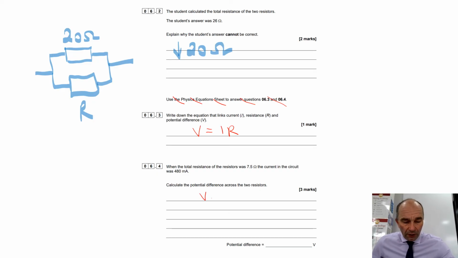So we've got V equals IR again. We've got to calculate the potential difference across the 2 resistors. We're being told that we've got 7.5 ohms of resistance and a current of 480 milliamperes. This is a catch, and a lot of people miss this. Milli means that 1000 milliamperes make up 1 ampere.